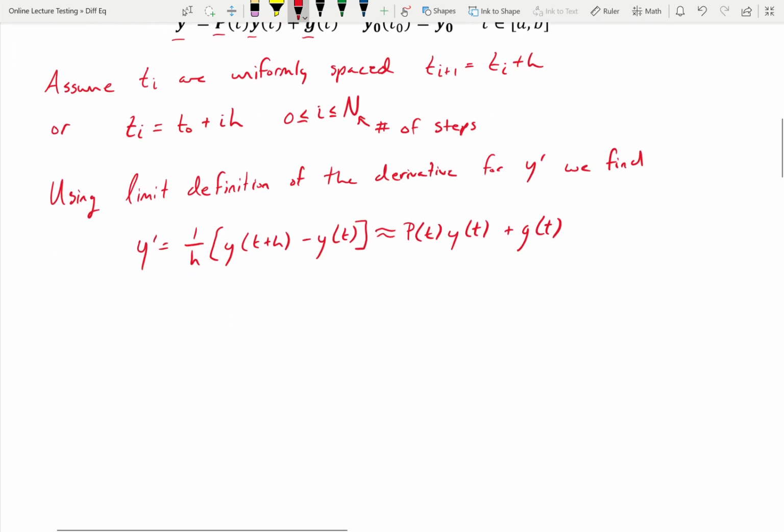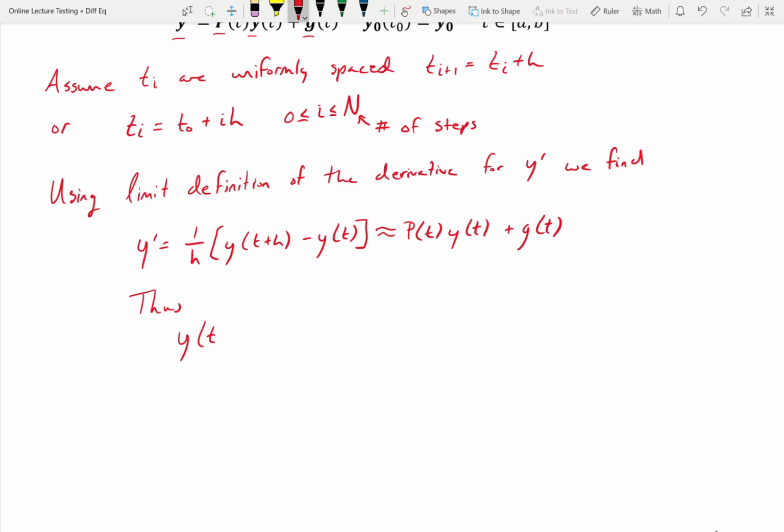Thus, if we solve this, y of t sub i plus h is approximately equal to y of t sub i plus h times P of t sub i, y of t sub i, plus g of t sub i.